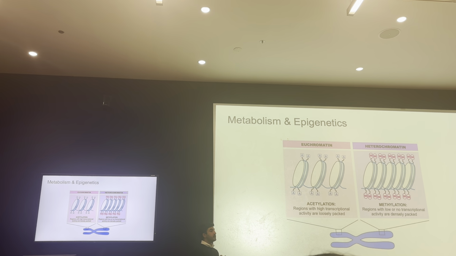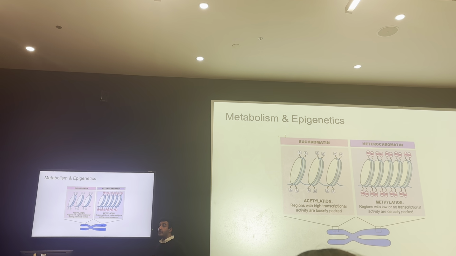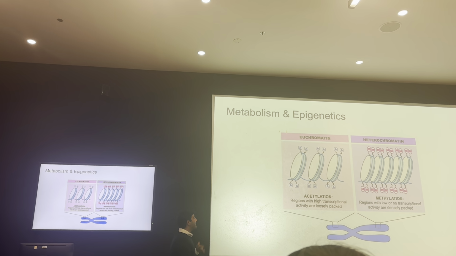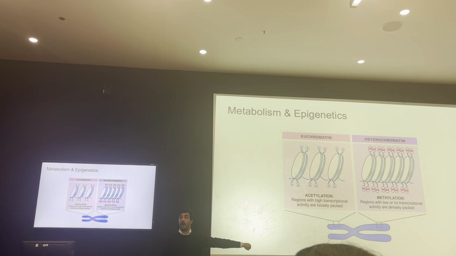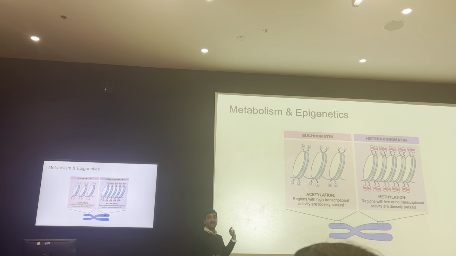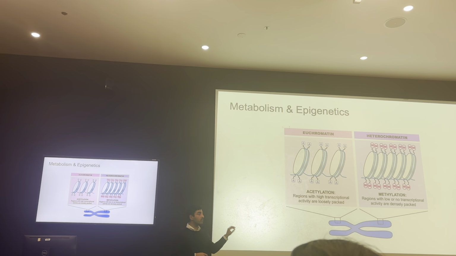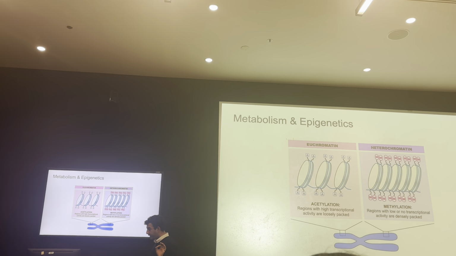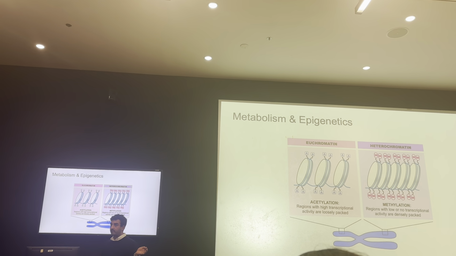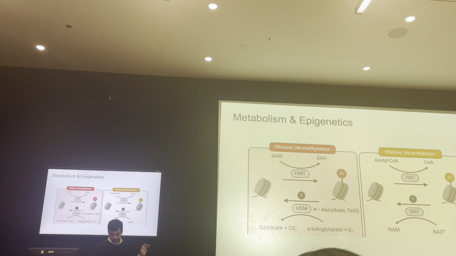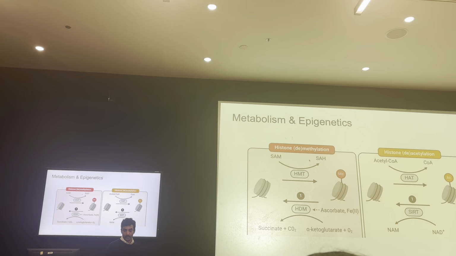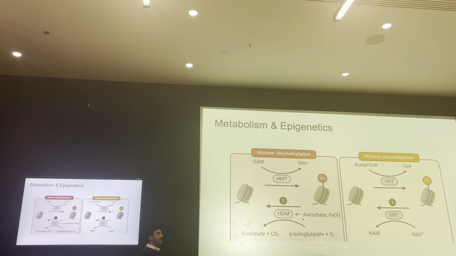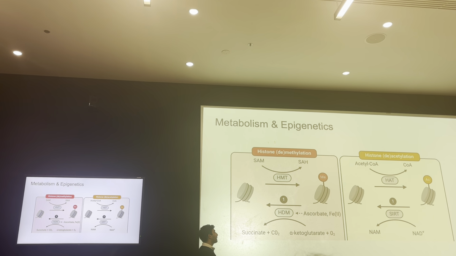Now, we can undo one of those charges. We can get rid of the positive charge on the lysine residue by attaching an acetyl group onto it. And again, we're talking specifically about the lysine residue of the histone. Now, we can also methylate. This is broadly just showing, so we're not going to talk super in depth about all of the different epigenetic enzymes involved here, but we will focus on a couple of them.